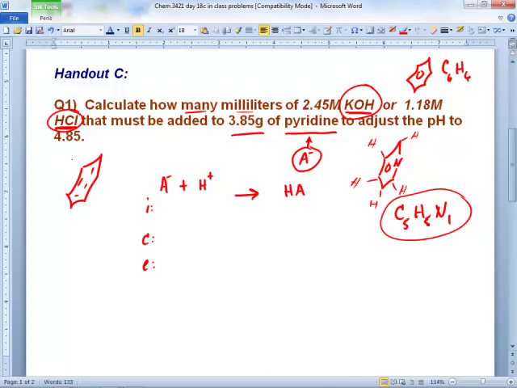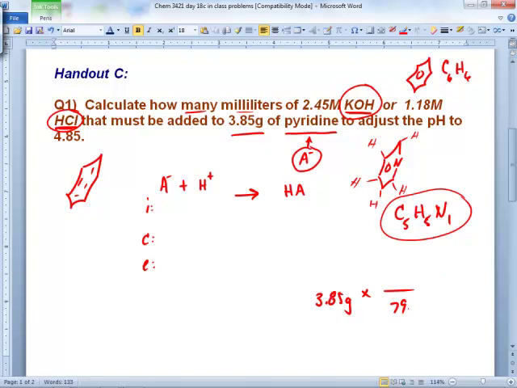Does anyone disagree with C5H5N? We're all on the same page with it. So we need the molar mass of it. That's 60, 5, and 14, so like 79. So 3.85 grams times 79 goes on the top or the bottom?